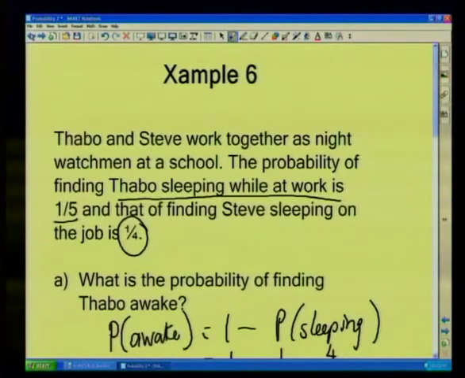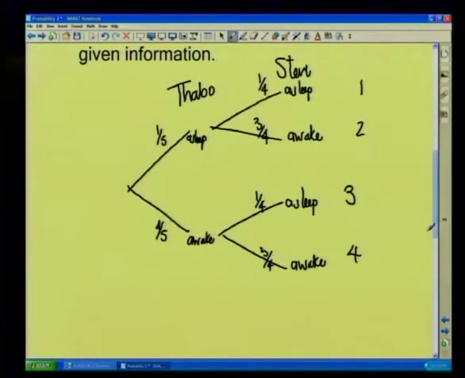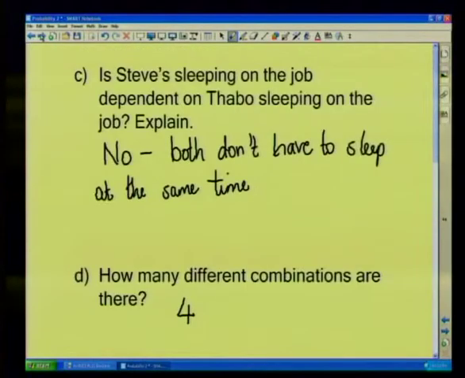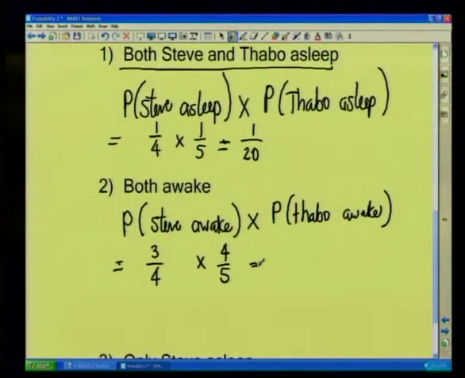Both of them being awake, awake and awake, 4/5, 3/4. Because we're going down a branch, we're multiplying. So times these together, it's going to be 12/20.